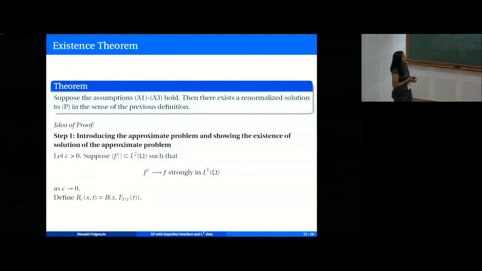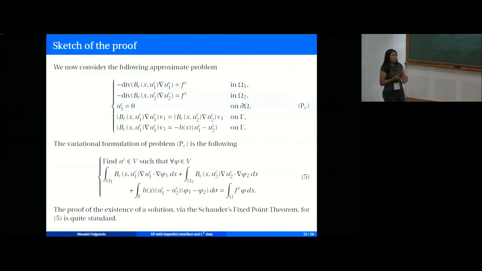So the first step is solving an approximate problem. For the approximate problem, we first approximate F in a sequence in L2, and we define B epsilon of x, t as B of x, t, 1 over epsilon of t, and we have this approximate problem. So we just replaced F by F epsilon and B by B epsilon.